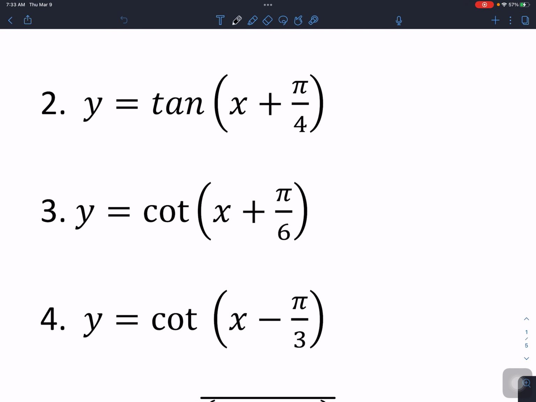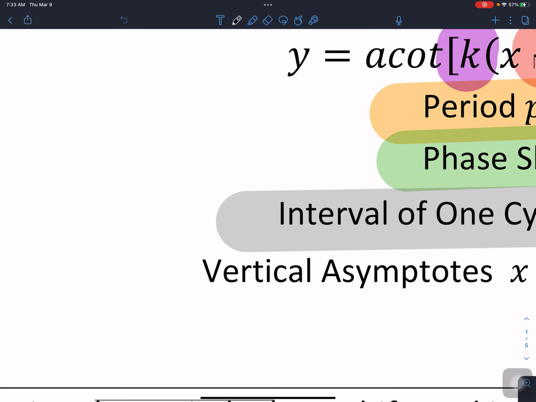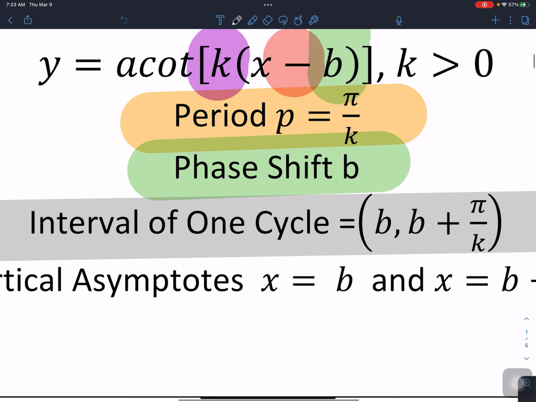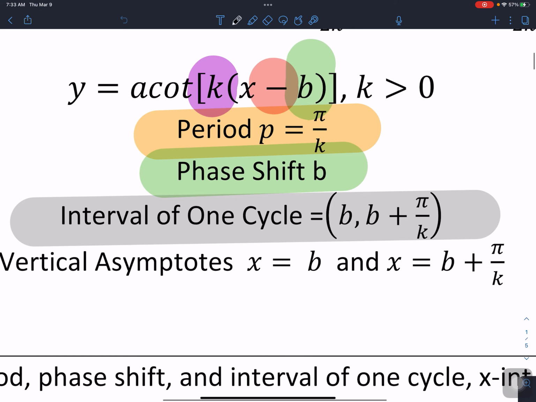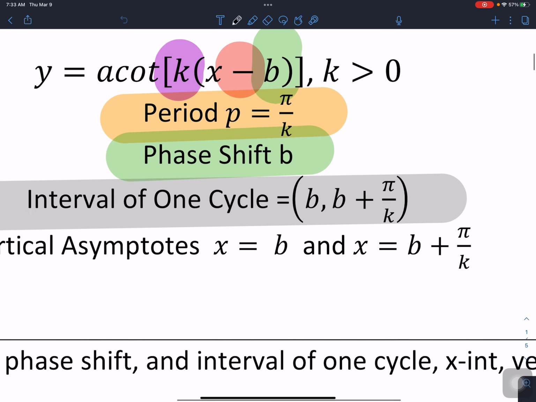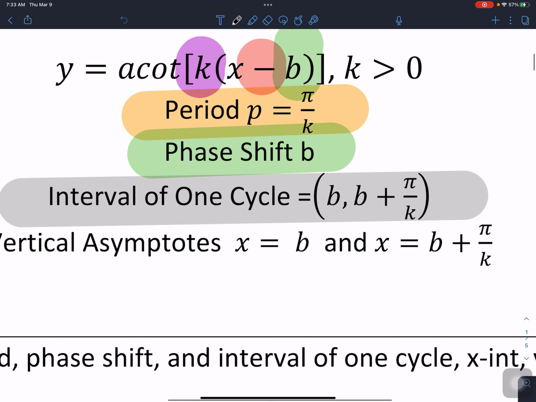What do you guys remember about cotangent, though? Go back over here. It has the same period. You got to have x minus that b value, but what's your interval of 1 cycle for cotangent? Do you guys remember? With no shift, it was 0 to that period.